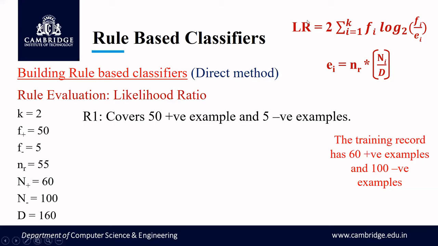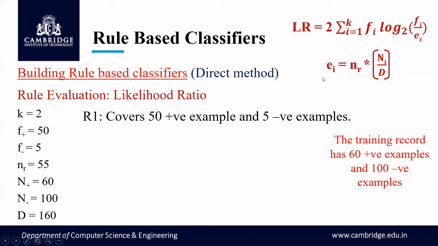To find the likelihood ratio, first we have to find the expected frequencies, because the other values are directly given to us. While finding the expected frequency, you have to find it for the positive class as well as for the negative class.